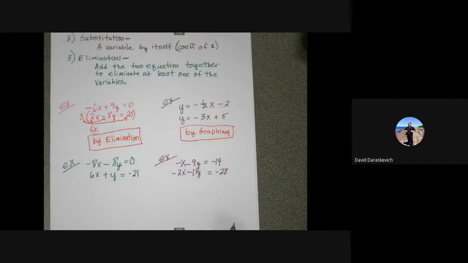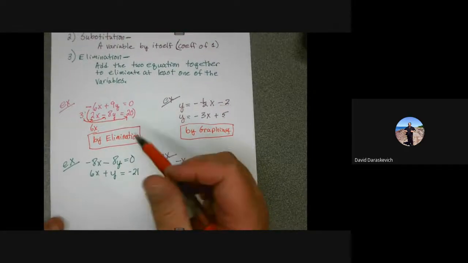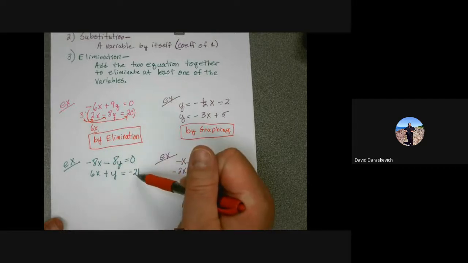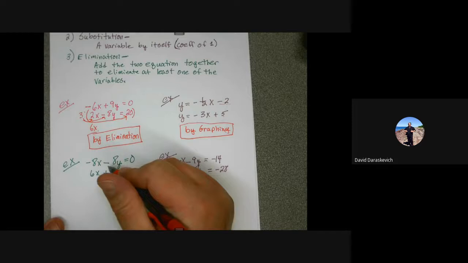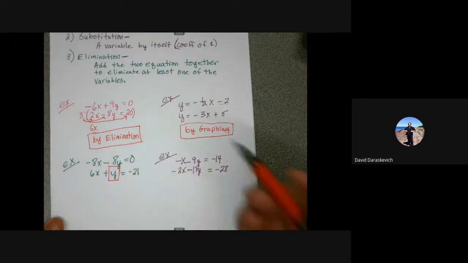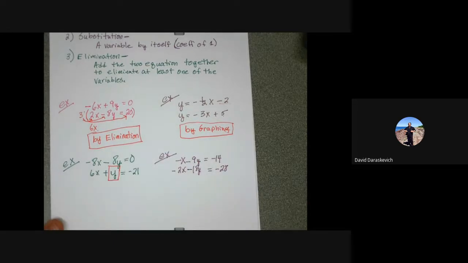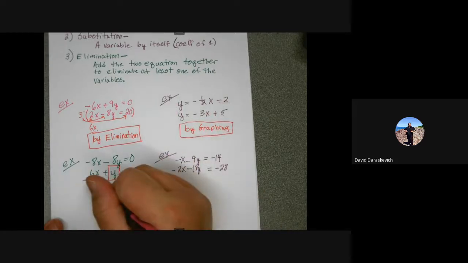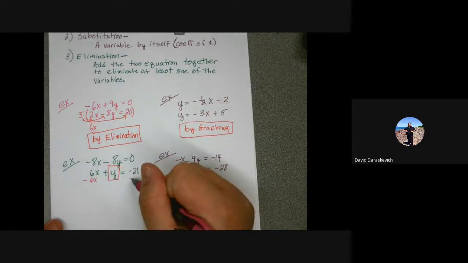Third one. Let's see. It's not in y equals mx plus b. However, I do have a variable by itself, or actually with a coefficient of 1. So what I would do here first is I would solve for that y. In other words, get that y by itself.